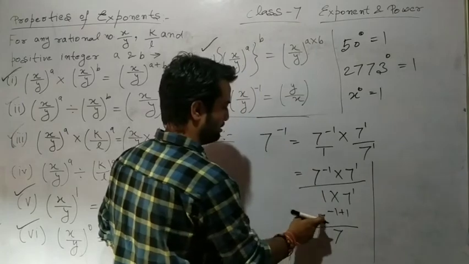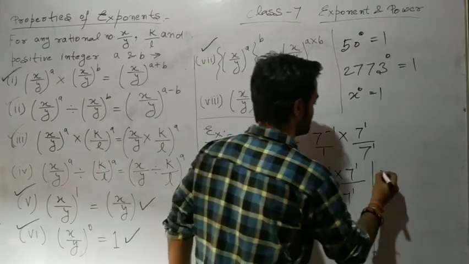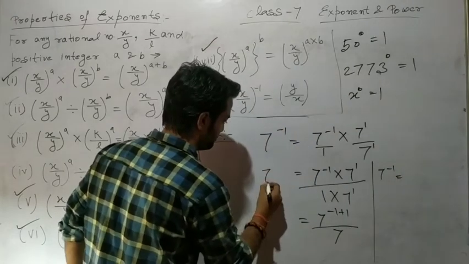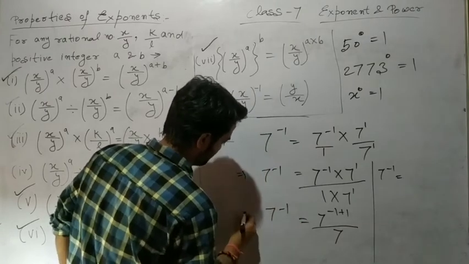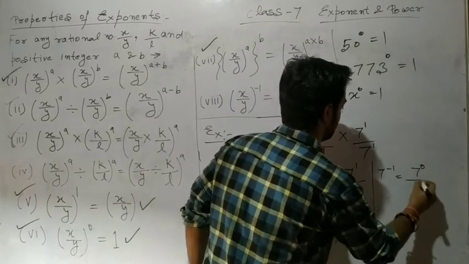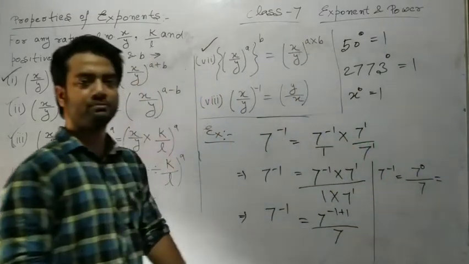Now, minus 1 plus 1 gives us the number 0. So 7 raised to the power minus 1 is actually equal to 7 raised to the power 0 upon 7. What is the value of 7 raised to the power 0?